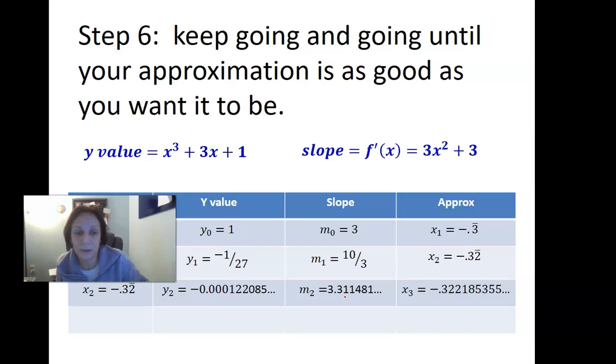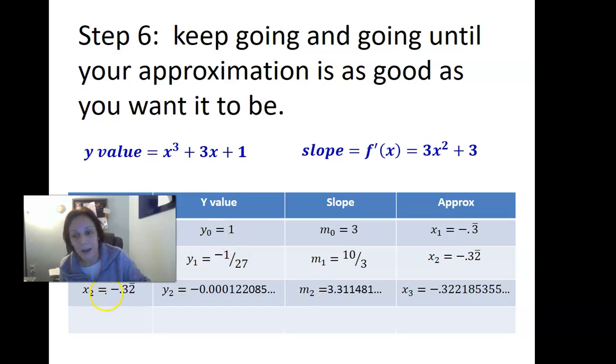It's sheer laziness. Okay. So then, to find my next approximation, I can use my shortcut. I need the negative of my y, so I type negative b, divided by my slope, so I hit divided by c, and then I usually hit enter because I don't trust my order of operations.